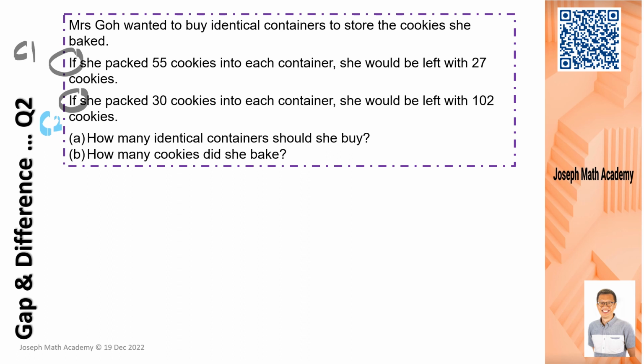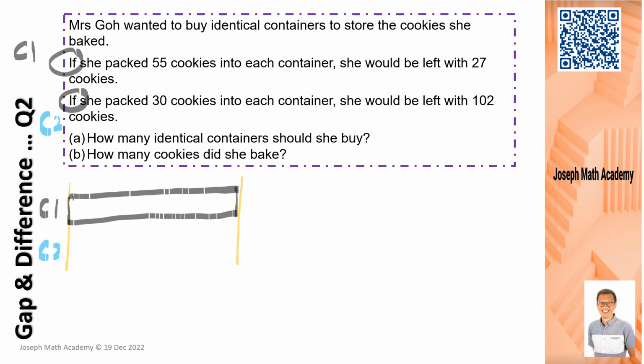Remember, the models must start from the same position and must end at the same position. So case 1, this one represents all the cookies that she baked. Then case 2, this one represents all the cookies that she baked, but for case 2.